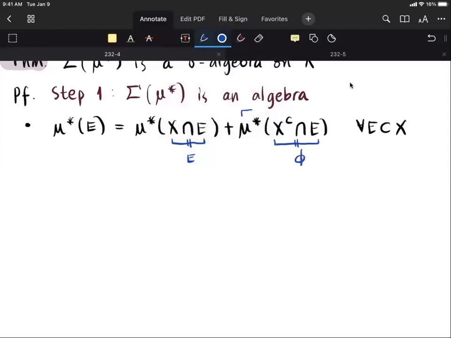Therefore, this outer measure, by definition, is equal to 0. And according to the definition of measurability, this implies that X is indeed measurable.